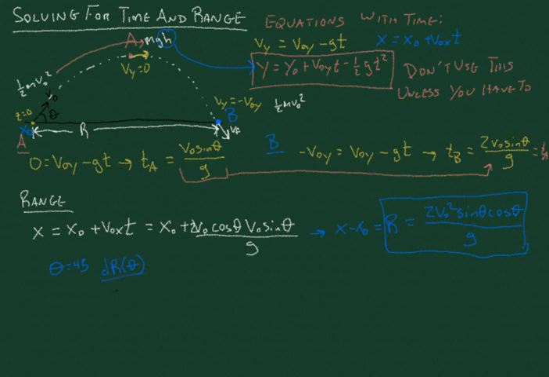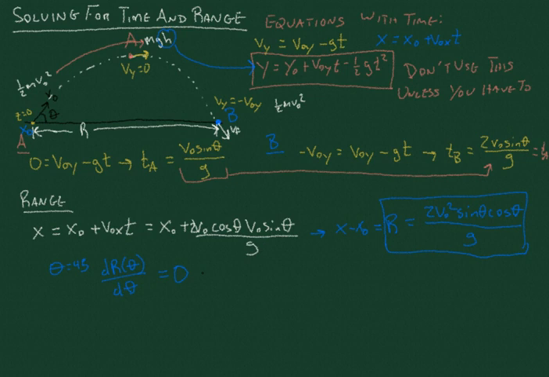And we know if we take the derivative dr d theta and set that equal to 0, this is going to give us a minimum or a maximum. And so if we do that, we can find the maximum value of r as a function of theta. And we can take a second derivative to make sure we have the maximum and not the minimum.